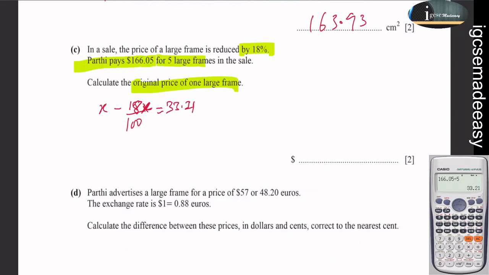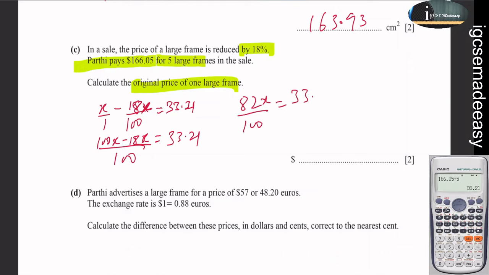Okay. Now we can equate this. Cross multiply: 100x minus 18x equal to 33.21. So 100x minus 18x is 82x. So 82x divided by 100 equals 33.21.